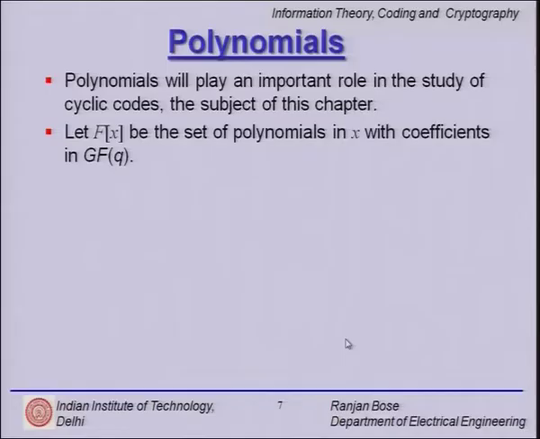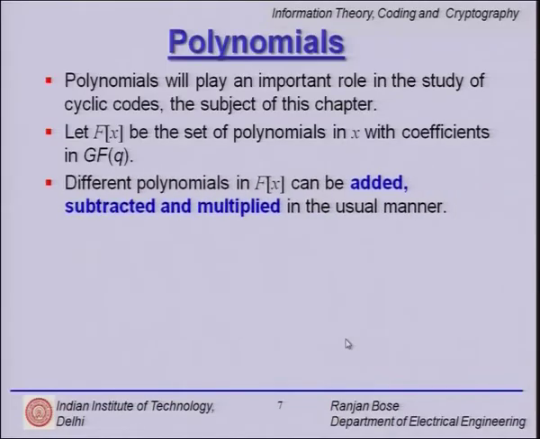Now, polynomials do play a very important role in the study of cyclic codes, as we will see. Now, if you say F of x is a set of polynomials, so suddenly we are talking about a set of polynomials in x with coefficients in GF(q). So, x is that indeterminate, right, and capital F of x is the set of polynomials.